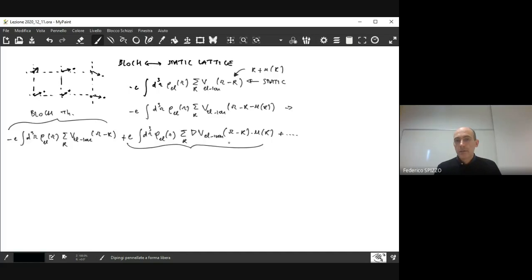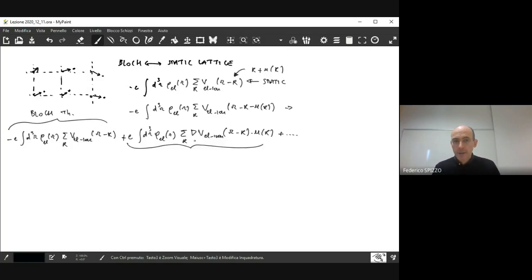The idea is to try to write this term using the second quantization approach. To fulfill this task, we may use the second quantization approach both for the electrons and for the phonons.